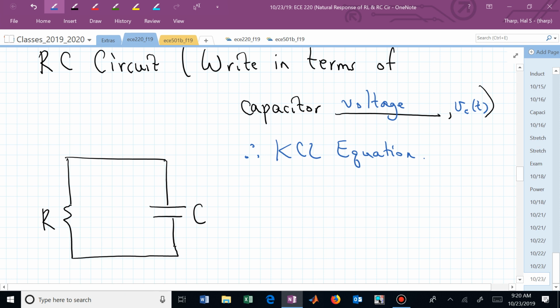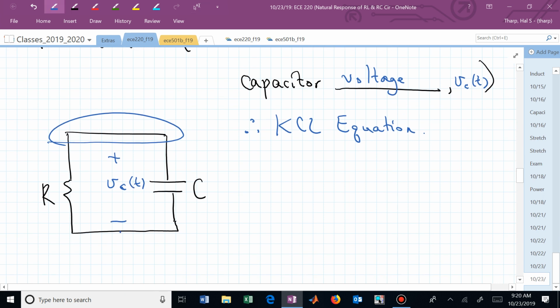If we're writing a KCL equation, let's pick a node and say that this is our capacitor voltage referenced to that lower node. Now you can write KCL. The currents out of that node sum to 0.